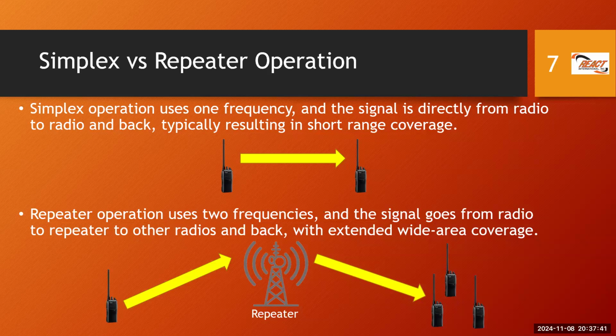And then the second channel afterwards is simplex. The question always comes up, what's the difference between simplex and repeater? Persons may know already that simplex operation is short range and repeater operation tends to be longer range. But why is that so?